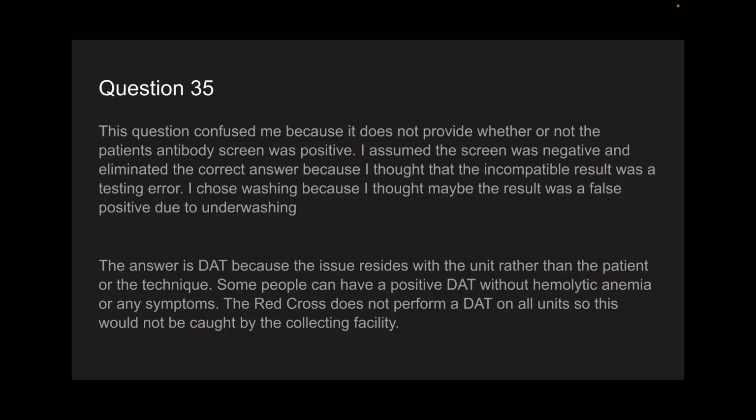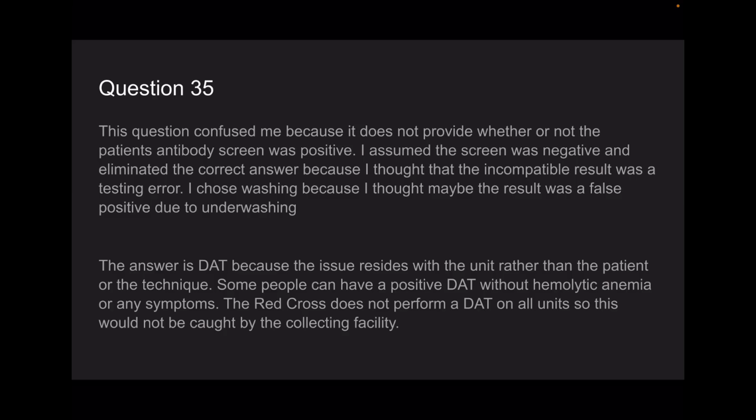35. Which procedure should be followed when one cross-match unit out of 5 is incompatible at the AHG phase? This one was really confusing to me because I assumed that the patient had a negative screen.